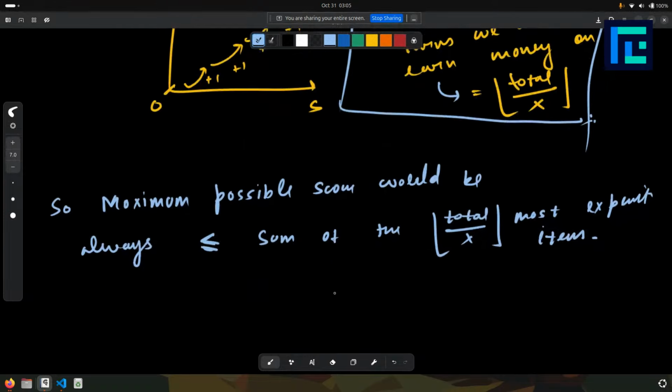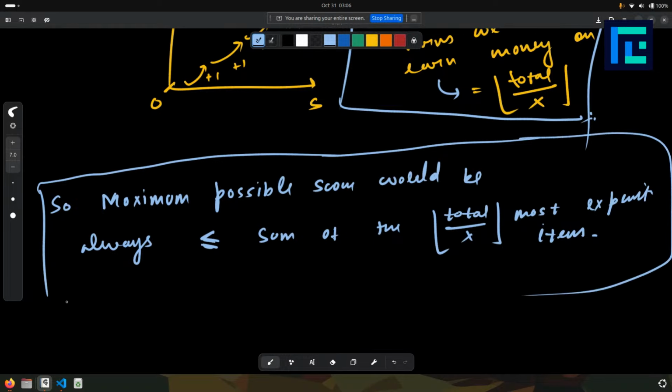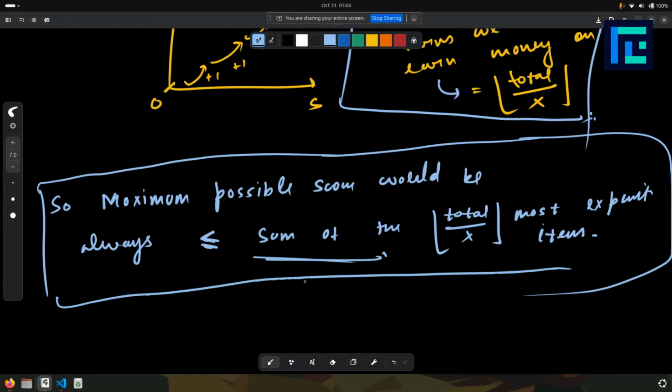Basically, if we add the total sum upon X most expensive items, that would be the upper limit of the maximum possible score.